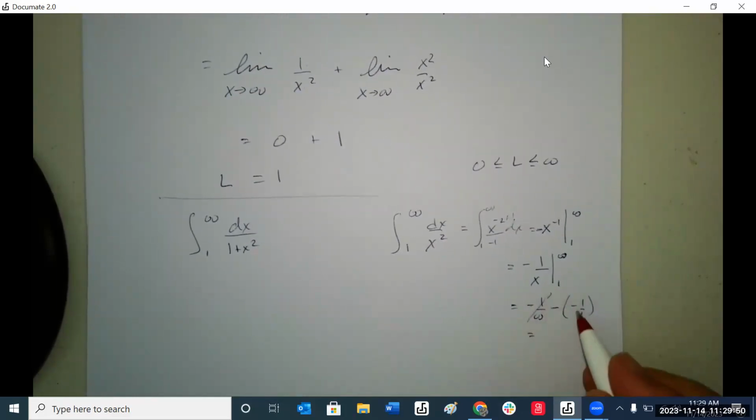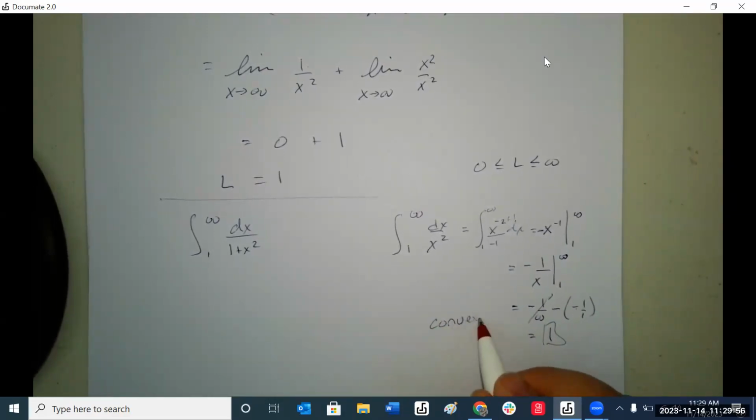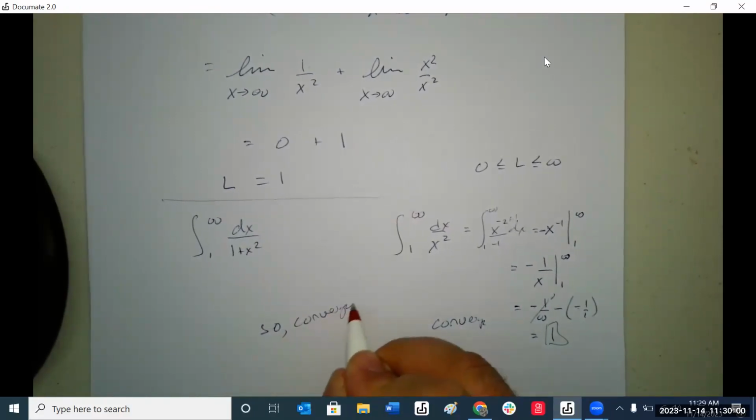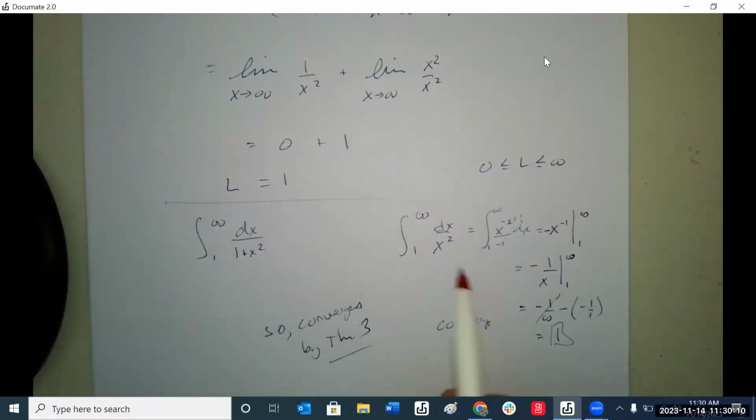This one goes to 0, minus negative, positive 1. This one converges. So by theorem 3, either they both converge or they both diverge. So they both converge.